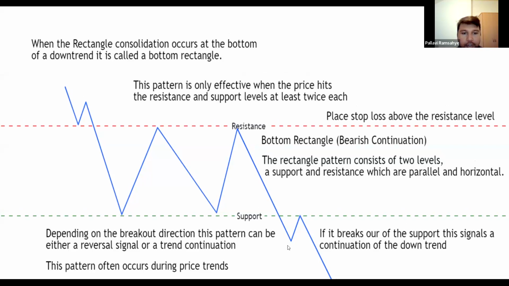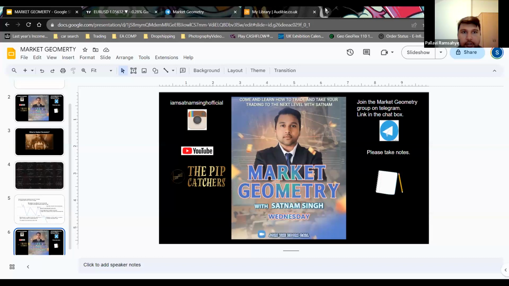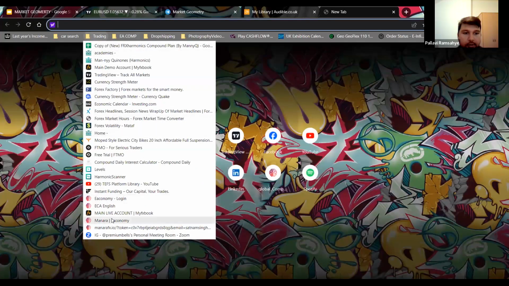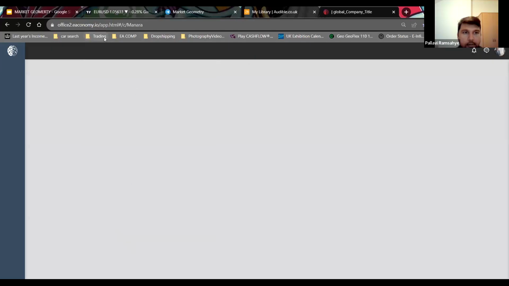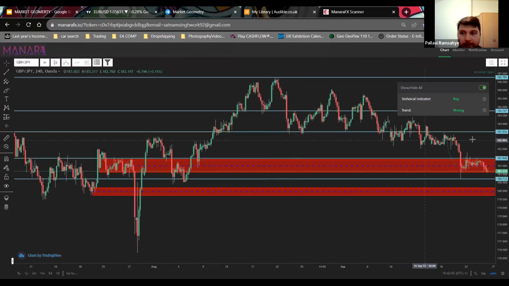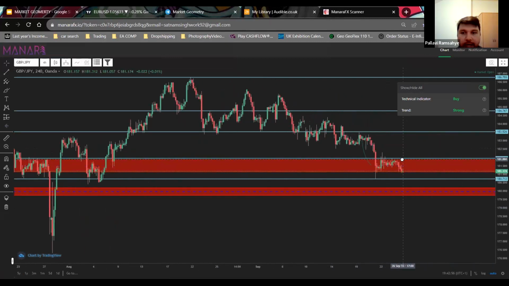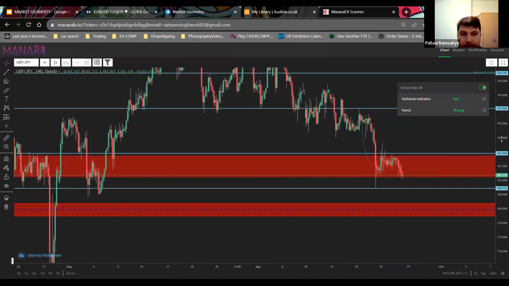I'm going to jump onto Monero now. So let's look at Monero for some trade ideas. Okay, these are the zones that I had in the previous session, and it looks like this zone is holding. Even the price did come down to this support zone.